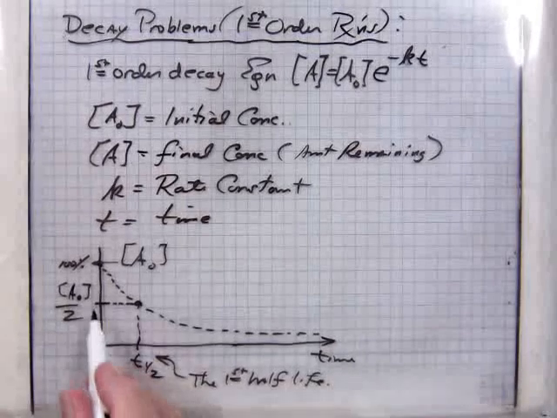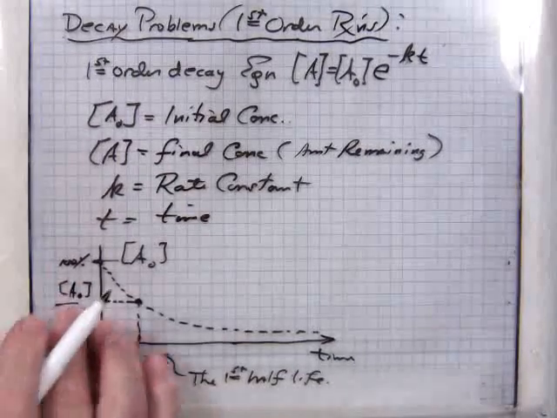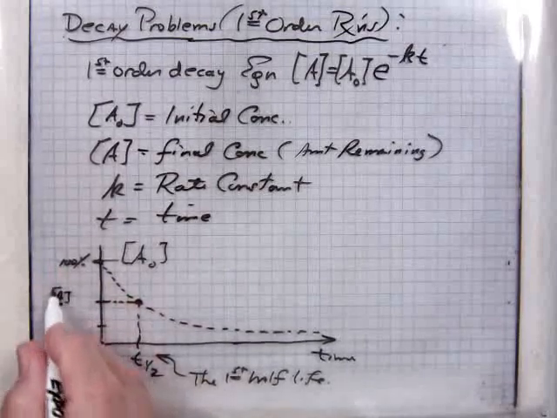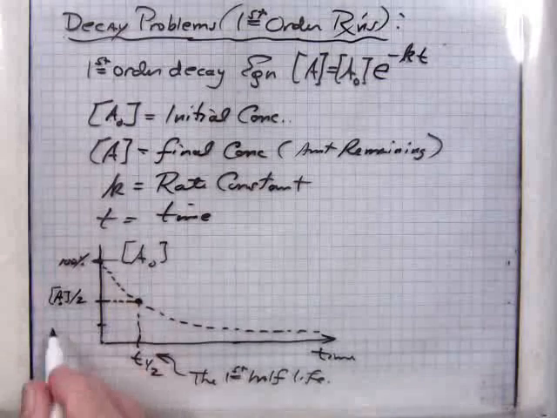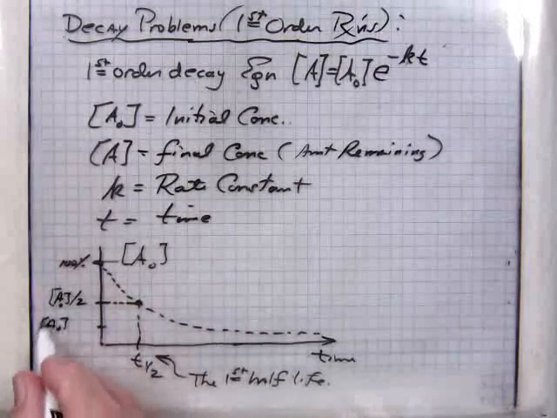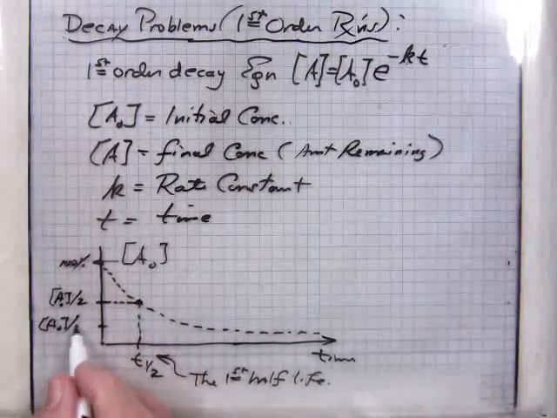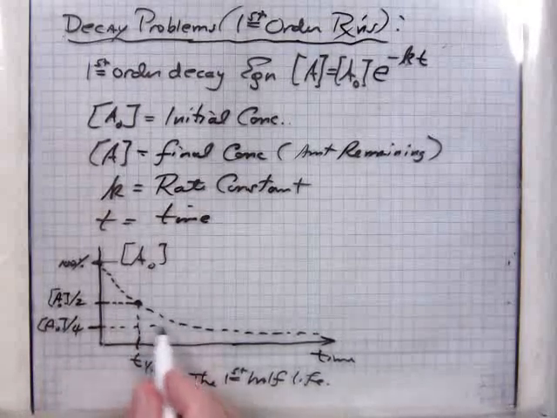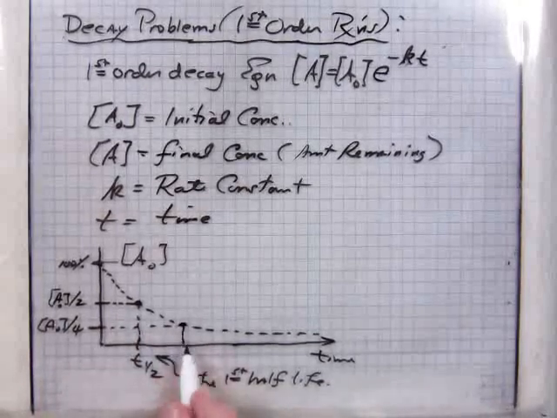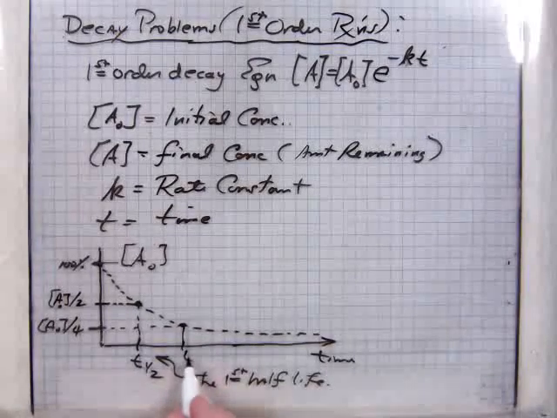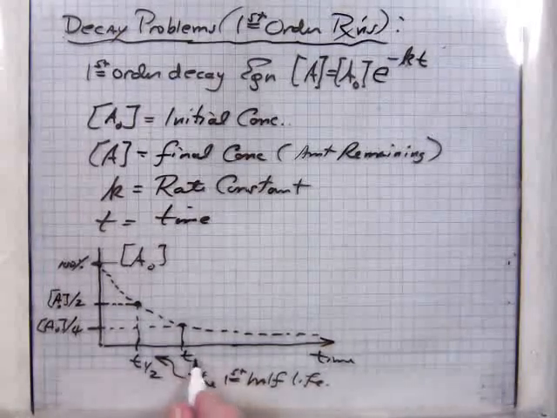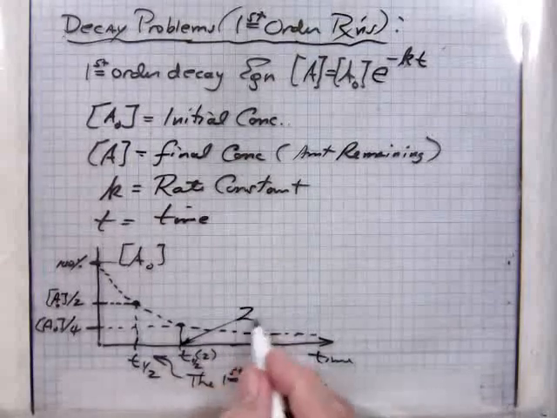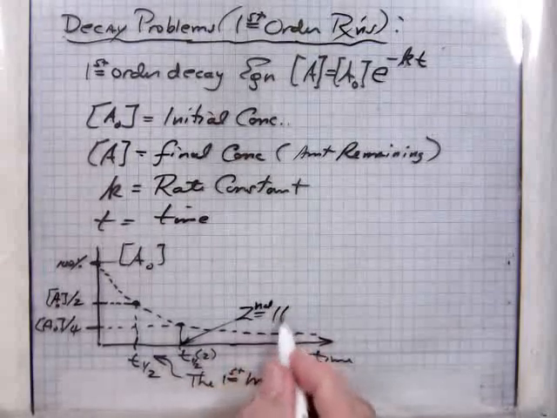If you cut that in half, that'd be A naught over 4, right here. And so extrapolating that to the axis and coming down to here, this is half-life number 2, or the second half-life.